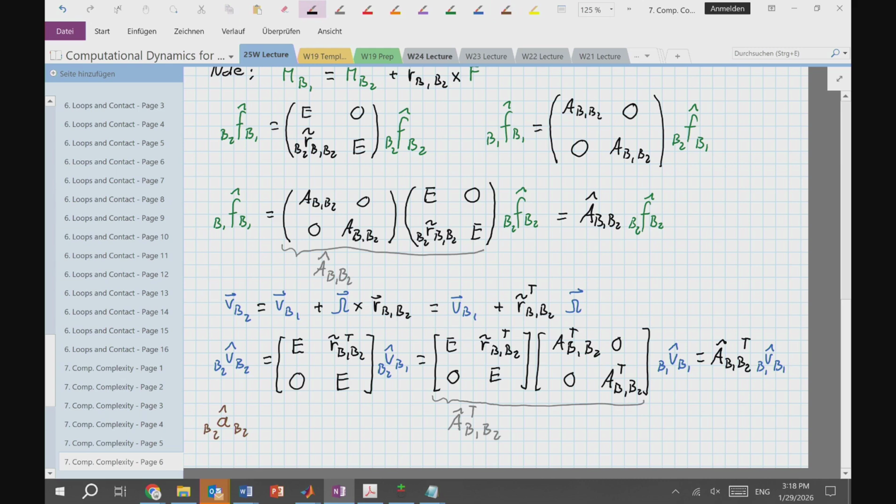I would have this Jacobian AB1, B2 hat transposed times the original acceleration, plus some bias terms, some sigma that I will not further specify, that then depends on other things, but only velocities.